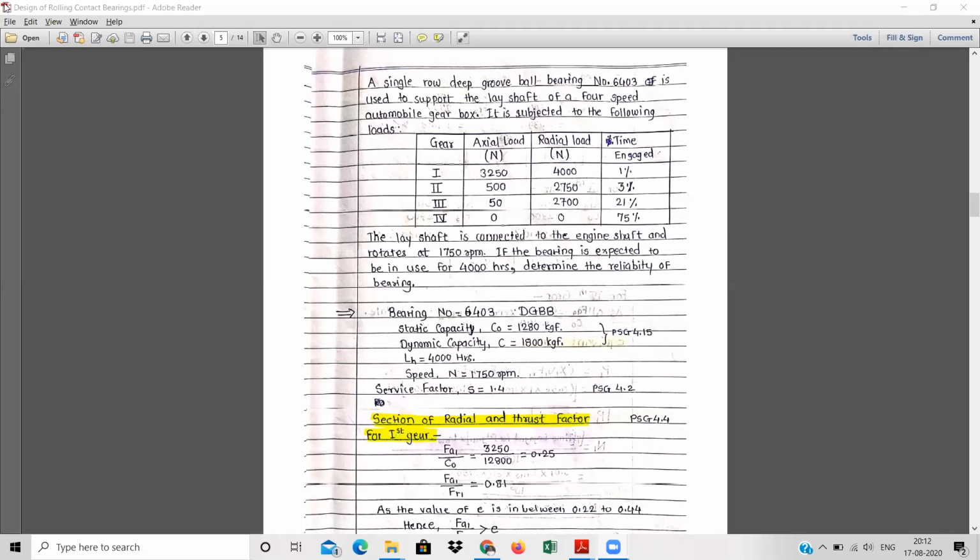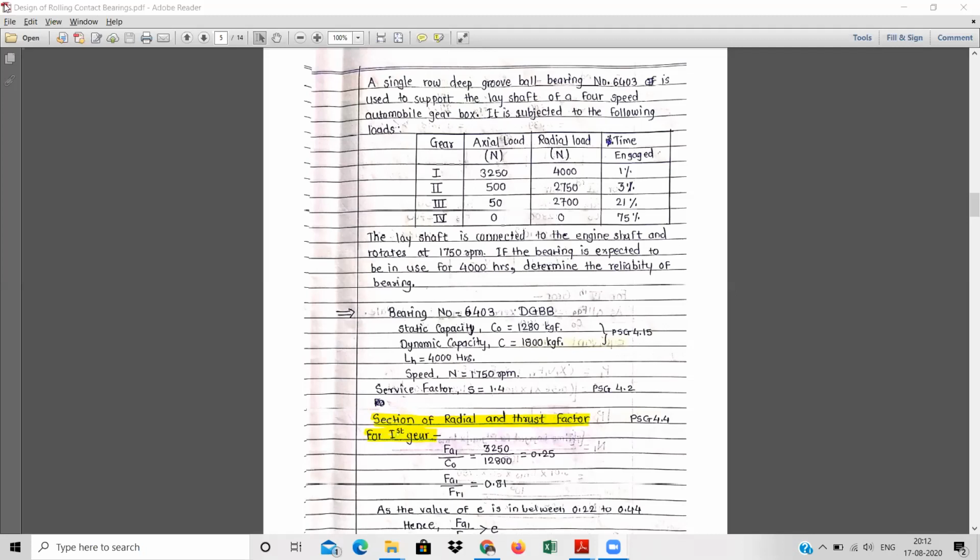The first step is to calculate the thrust factor. In this cyclic load, we need to calculate the thrust factor for each stage, or for each gear.